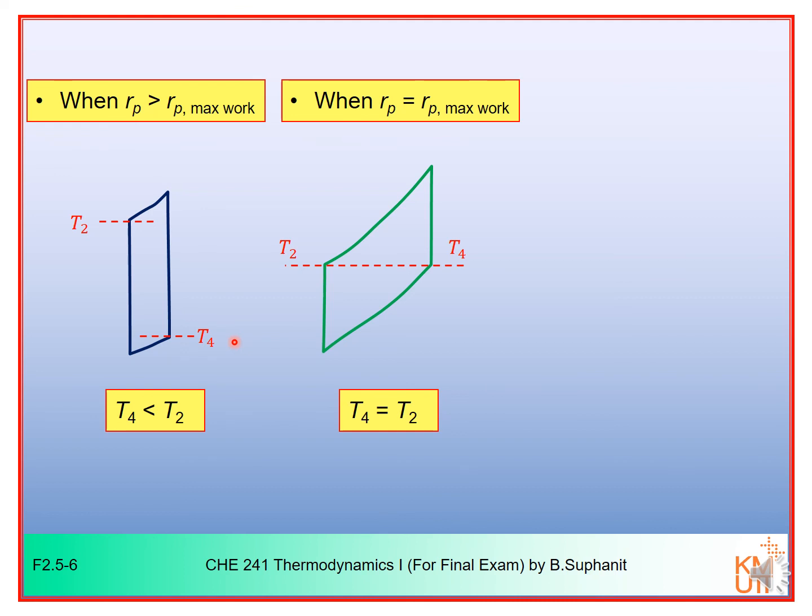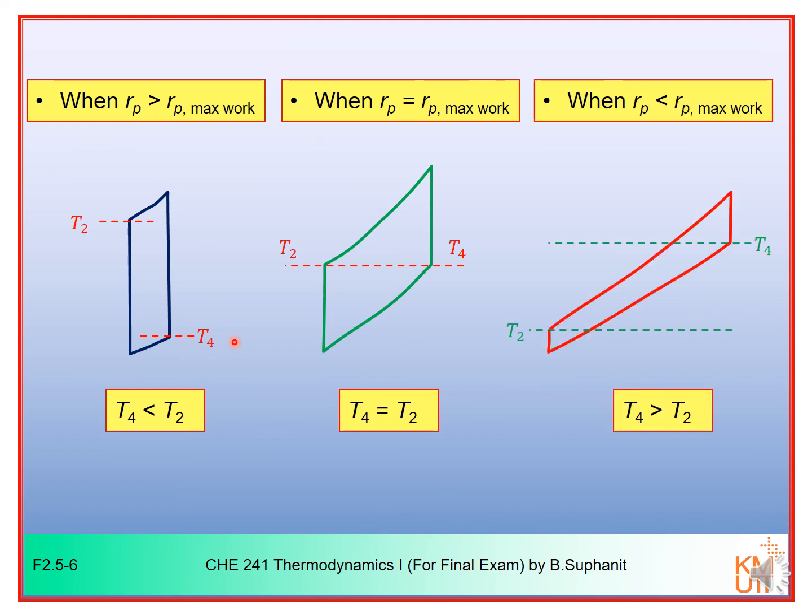And lastly, if Rp is lower than the Rp max work, the turbine exhaust temperature will be greater than the compressor exit temperature. The shape of the cycle looks like a narrow strip as shown here.